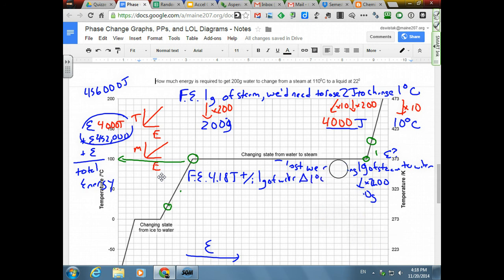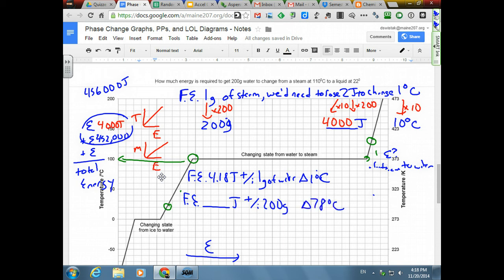Okay, so again, we take away 4.18 joules of energy. Okay, so now I've got, for every blank joules, there is 200 grams, and we're changing it 78 degrees Celsius because we're going from 100 degrees Celsius all the way down to 22 degrees Celsius, which is a change of 78.